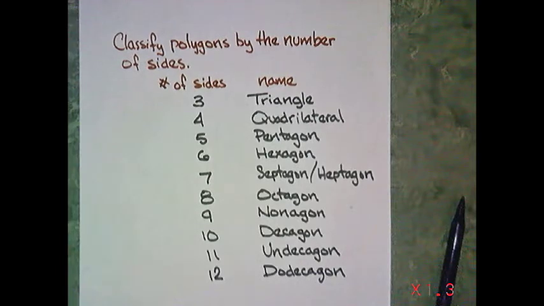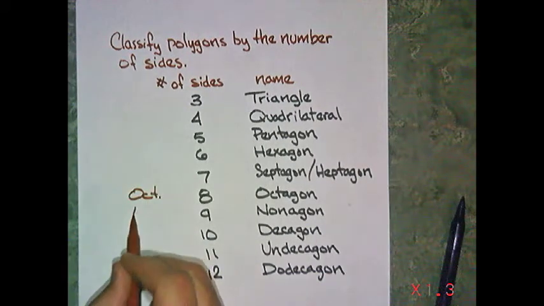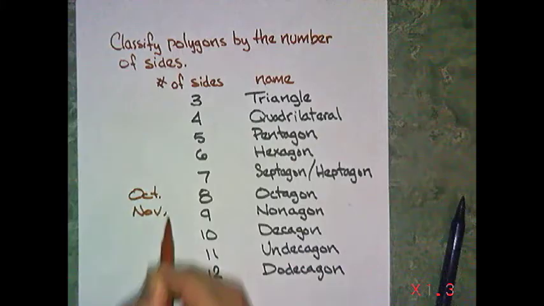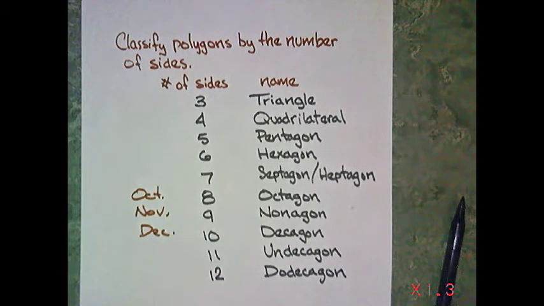Guess what? I have a feeling that you probably have most of those memorized. And if you don't, I'll help you. Because there are months, there's October, November, December, right? Those come together: oct, non, dec. And that's the 8, 9, 10, yeah? So those help me out like this.